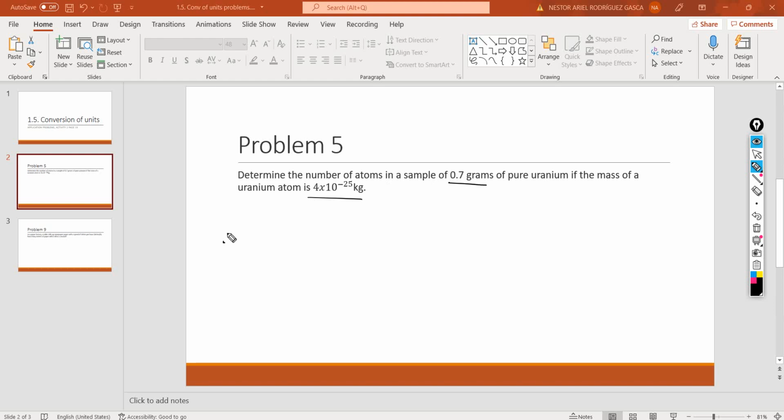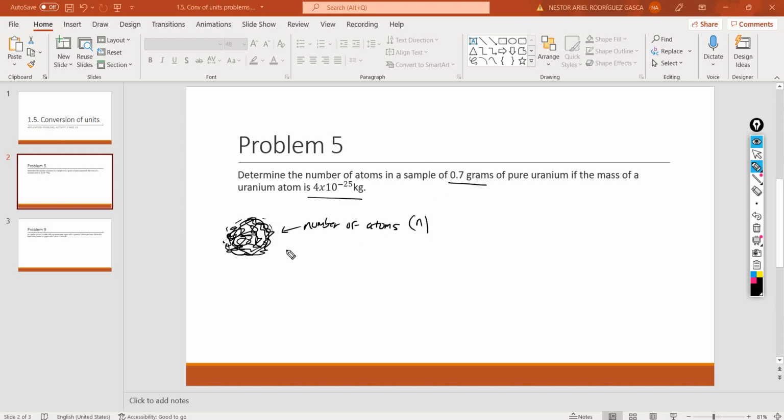Es una muestra. It's just a little bit of uranium. Okay, so you have a little sample of this element, and you want to find the number of atoms in such sample. Let's label this number as n, and I need to find n.